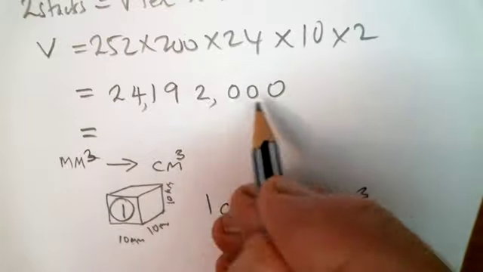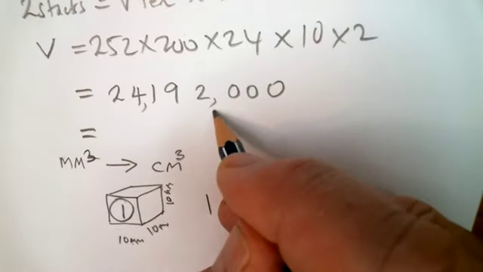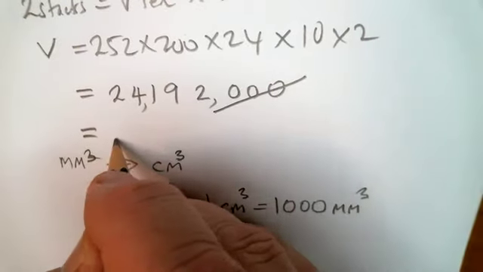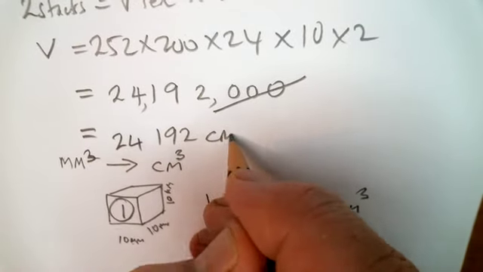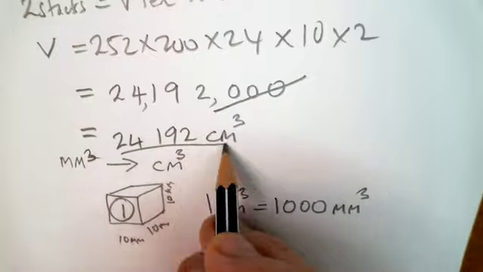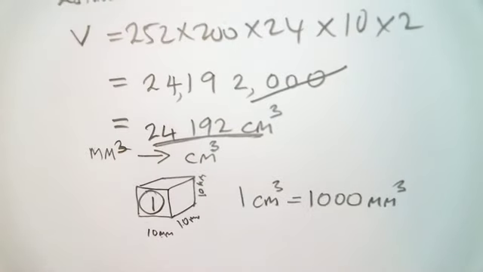So I'm going to take off 1,000, cross that off, and say it's 24,192 cubic centimeters. And that's how I arrive at my answer. Hope that makes sense, folks.